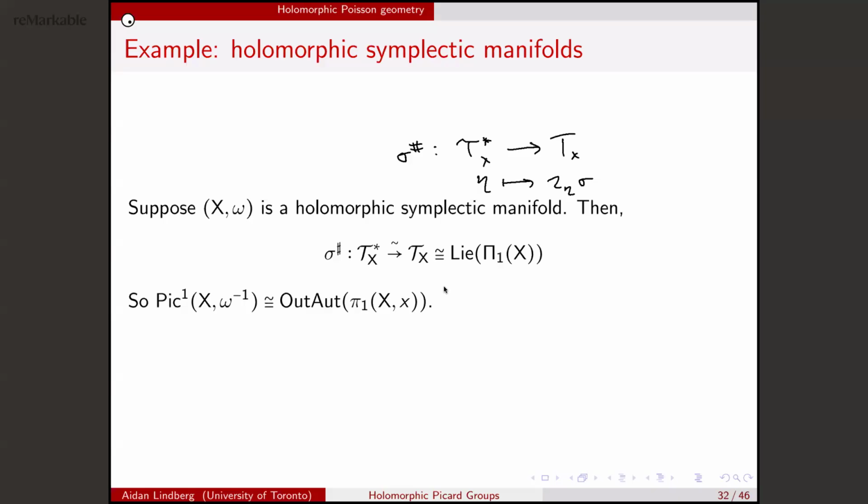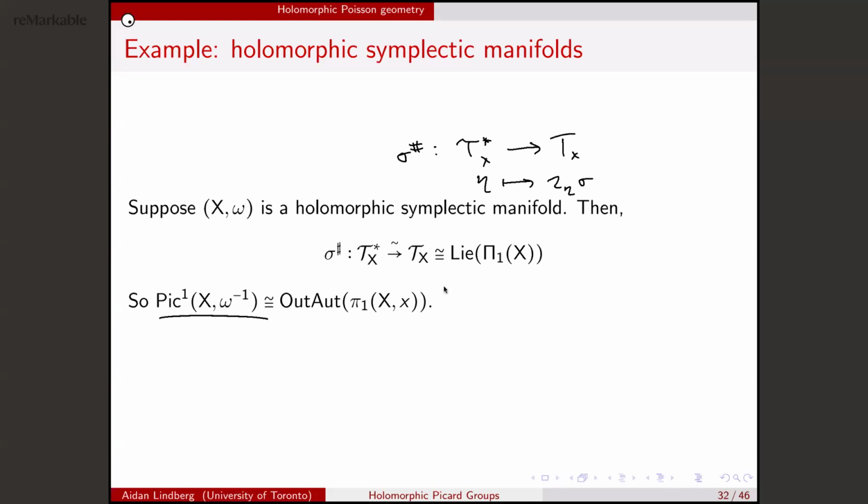So if you're holomorphic symplectic, then this anchor map that we had defining this cotangent Lie algebroid is now an isomorphism of Lie algebroids. So T*X is the same thing as T, and we know that T is integrated, or rather is the Lie algebroid of the fundamental groupoid. And we already calculated what the Picard group of the fundamental groupoid is. It's just the outer automorphism group. So this is the Picard group of a holomorphic symplectic manifold.